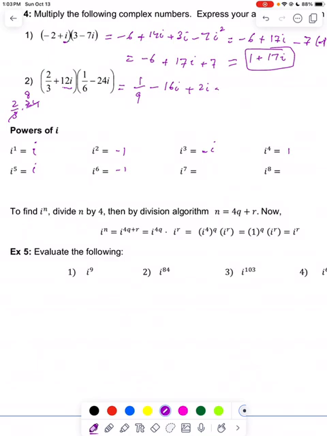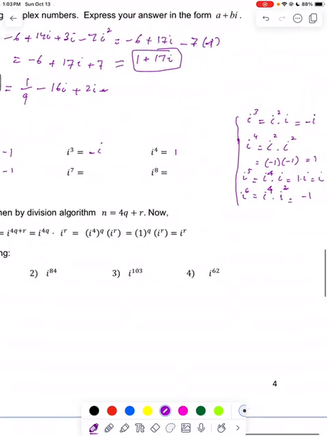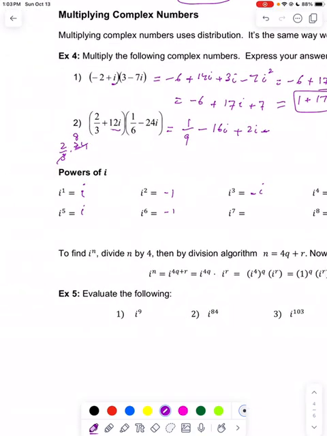We have to multiply 12 with 24. So 24 times 12: 12 4s are 48, 12 2s are 24, plus 4, 28. So 288. So I have negative 288i squared.